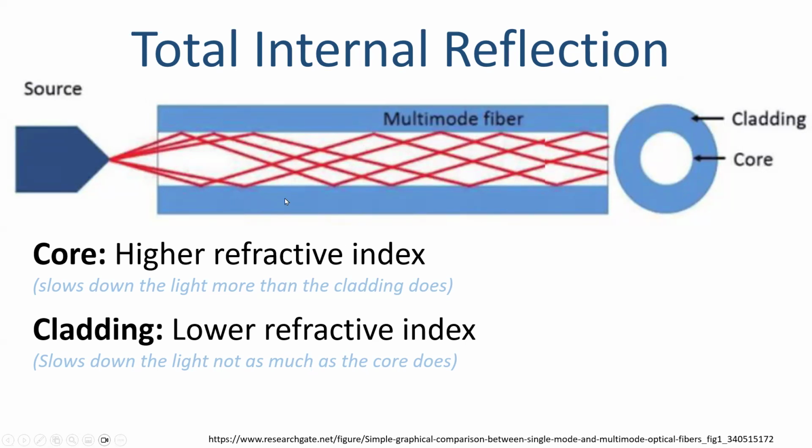So we want to avoid any kind of distortions or bends, and we distinguish two types of bends. There's a macro bend and there is a micro bend when it comes to optical fiber. A macro bend is bigger than the micro bend.